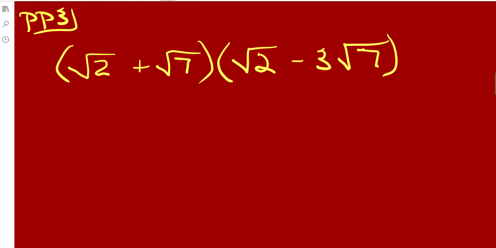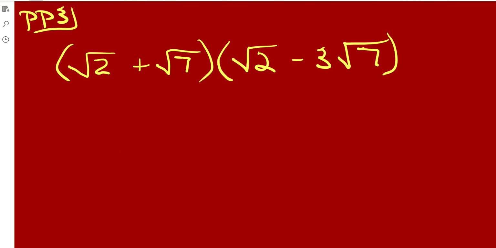All right, practice problem 3. I have 2 binomials here. So that means I'm going to do what we called FOIL. They're different, so I can't do another shortcut way, which I may tell you about today. So here I've got the square root of 2 times the square root of 2 is 2, just like we mentioned earlier.